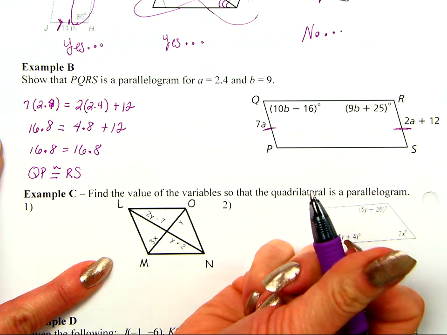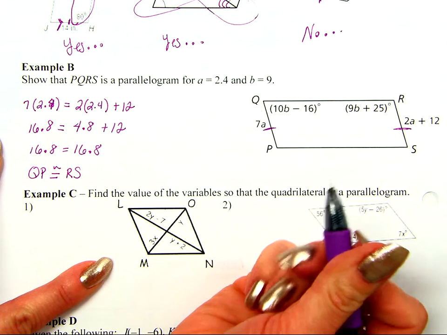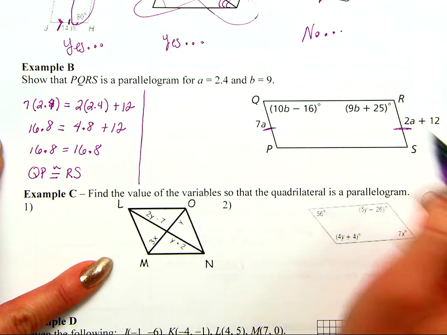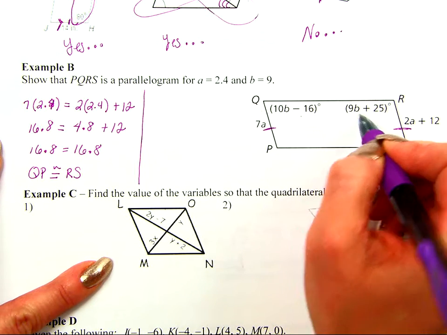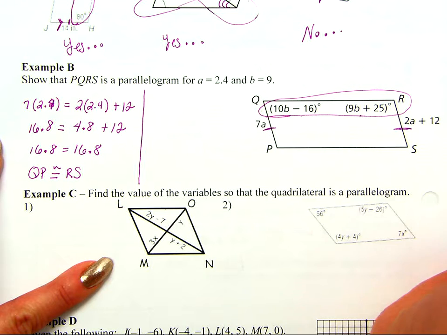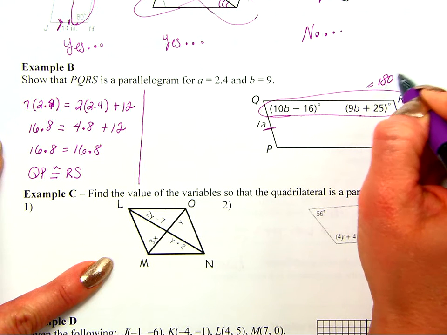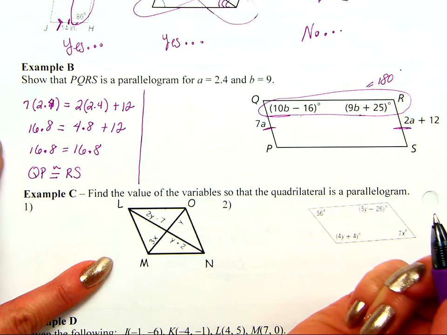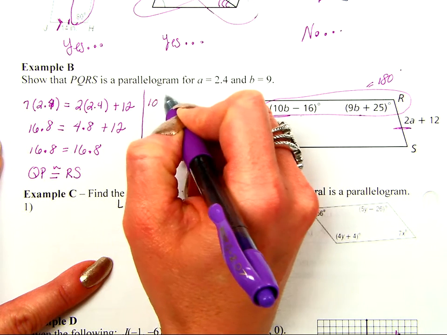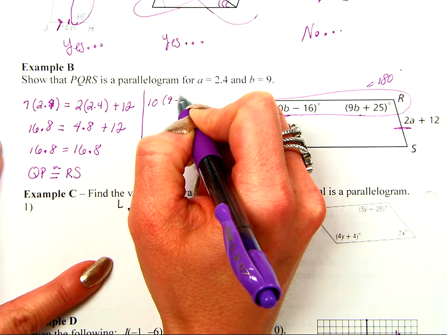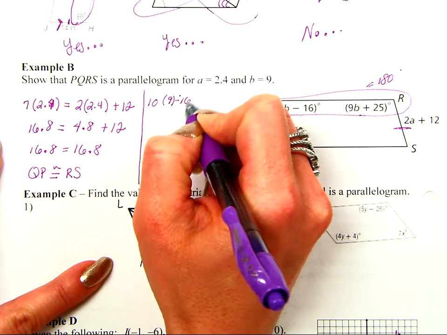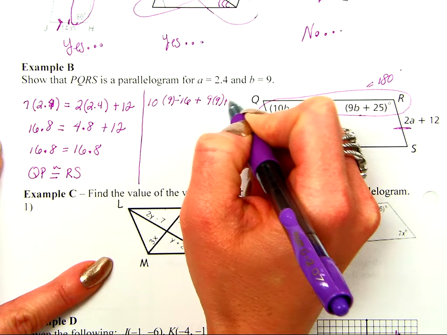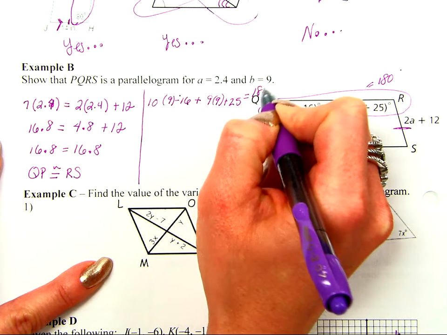Okay, but we're not quite done. That doesn't show parallelogram. But as I take a look at my value B equal to 9, I see that has to do with my angle measures. Well, these angles are consecutive, and we know that my consecutive angles should be supplementary. So I'm going to go ahead and show that when I plug in 9, so 10 times 9 minus 16, plus 9 times 9 plus 25, that should equal 180 degrees.